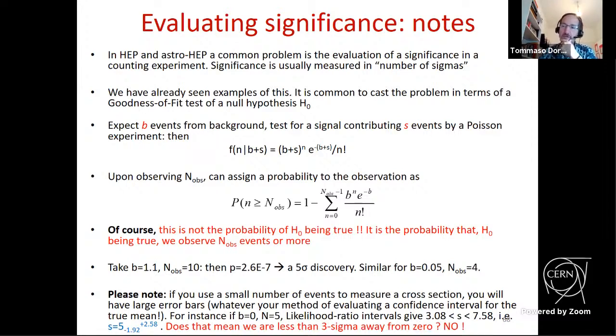For a very small number of events, the percentage uncertainty is large. For instance, if the background is expected to be 0 and you observe 5 events, well, then you can attribute all of the 5 events to the signal process. And if you compute the likelihood ratio intervals for these situations, we have done it 2 days ago, if you remember, it gives you an interval from 3 to 7.5.